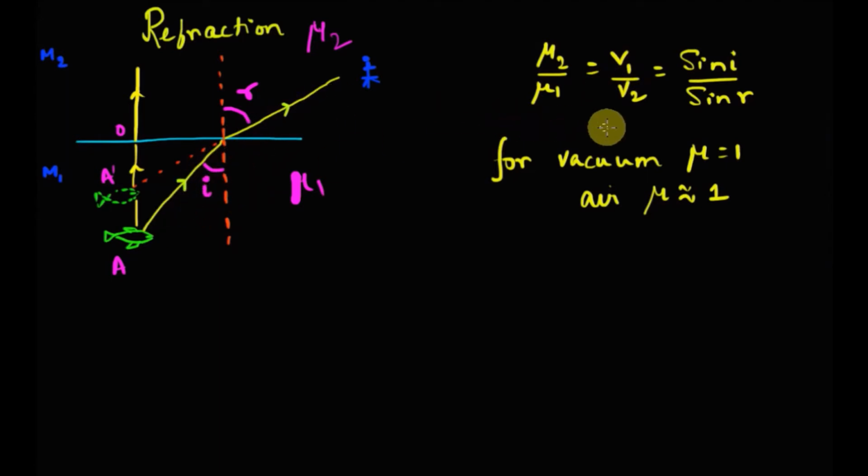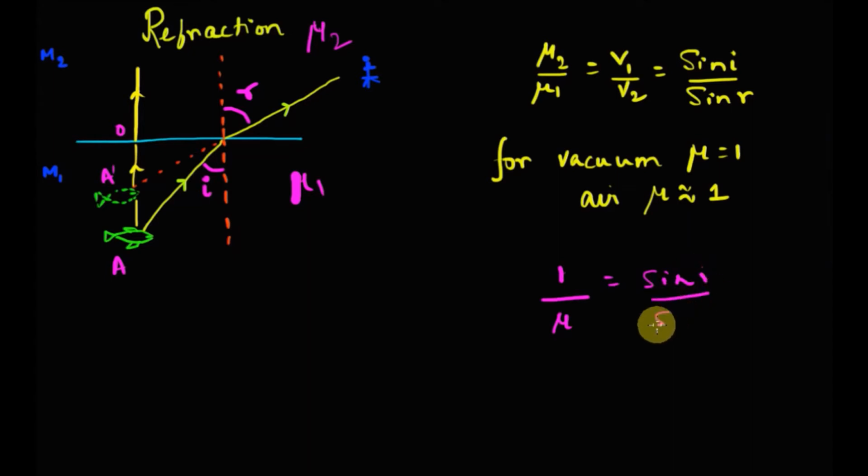For vacuum, the value of mu is equal to 1, and for air, the value of mu is more or less equal to 1. So for all practical purposes, we will take mu for air as 1. If we apply this equation in this example, what will be the value of mu2? mu2 is the refractive index of air, so mu2 is equal to 1 divided by mu1, the refractive index of water, is equal to sin i by sin r.